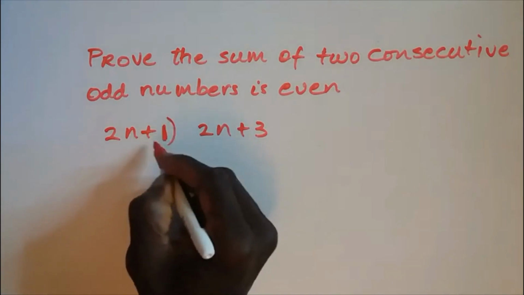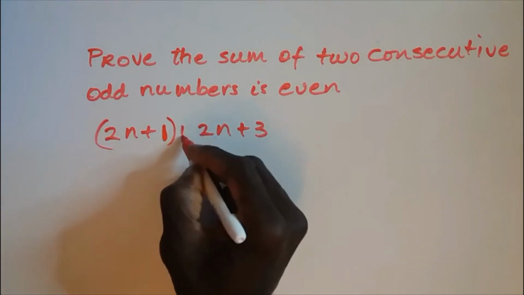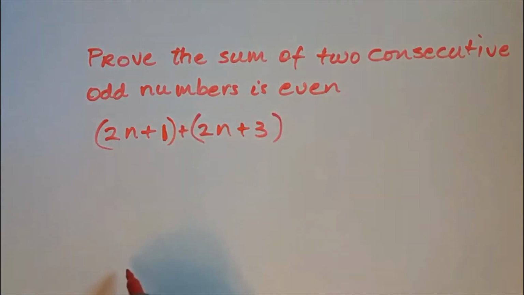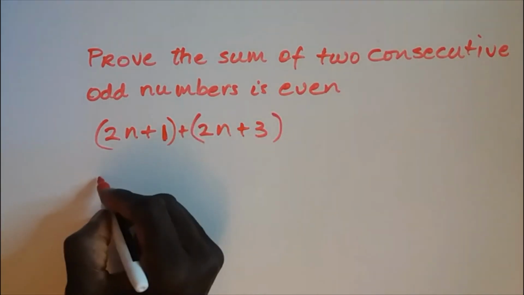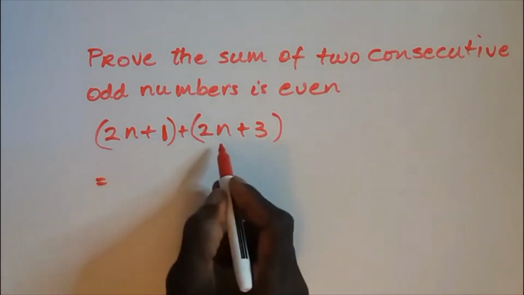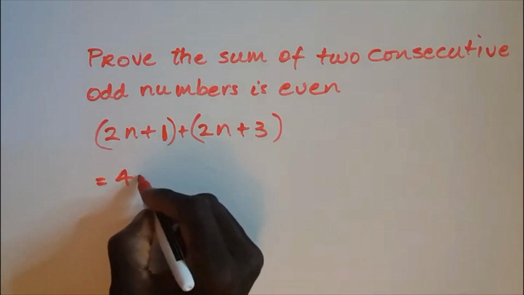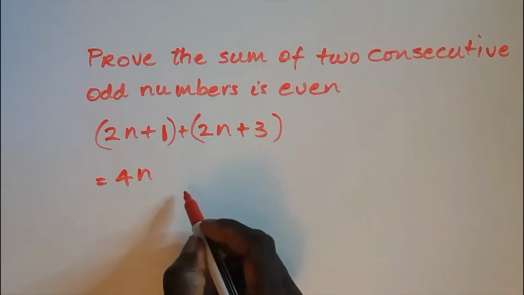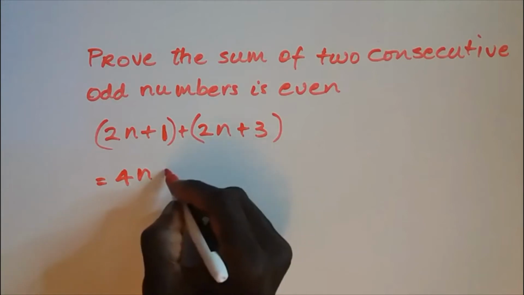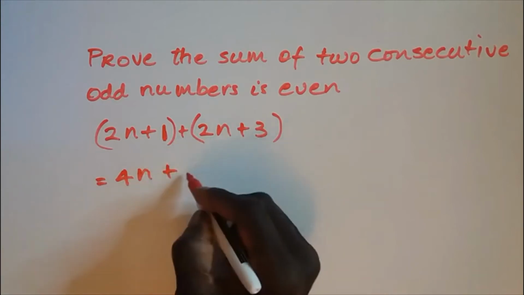So these are two consecutive odd numbers. Well, they represent that. And we'll sum these. And this is what we have. We have 2n add 2n, which is 4n, add 4. 3 add 1 is 4.